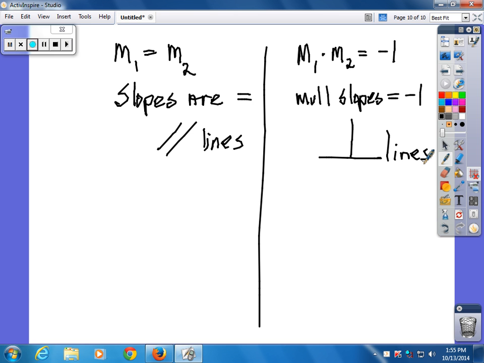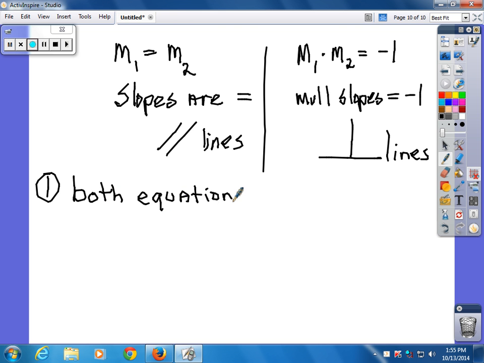So what do you do to actually do these problems? And don't worry, we're going to go over these a good bit because y'all want to ask questions. 1. Make sure both equations have y by itself.